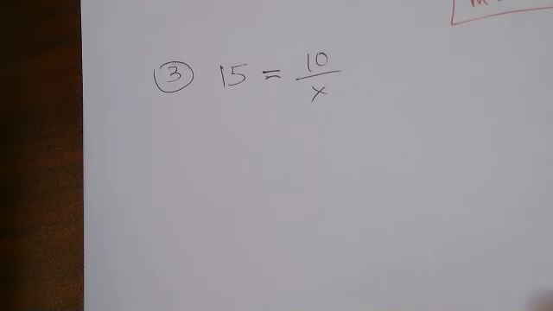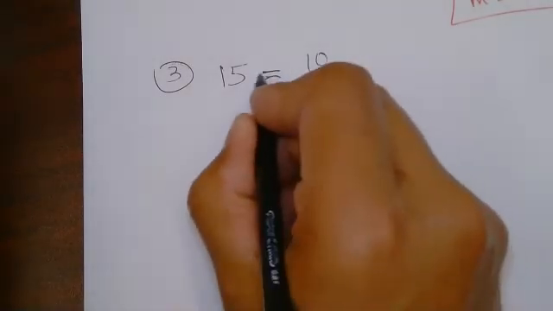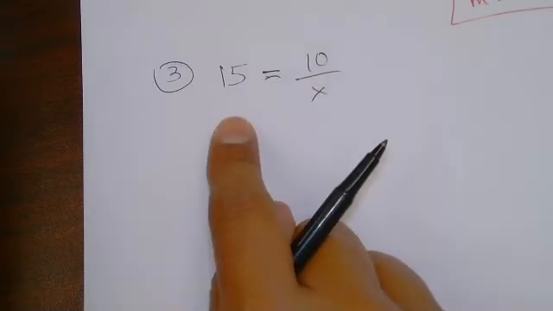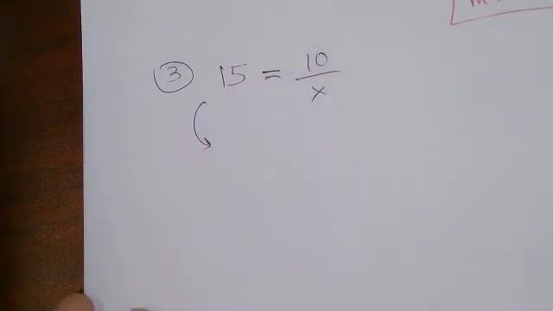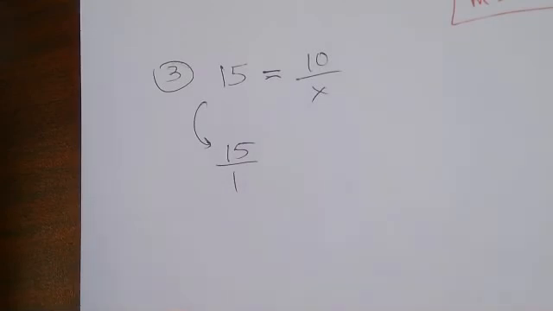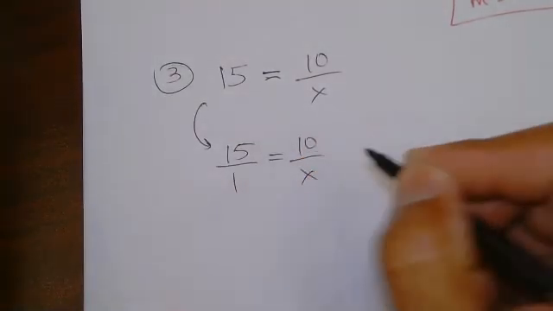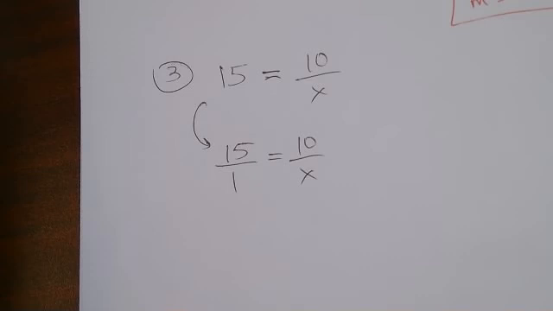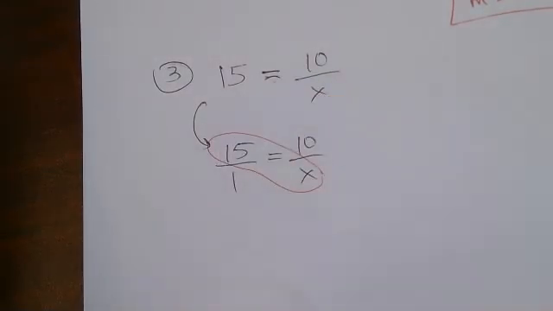Well, it doesn't look like it, but it is. I want to have a fraction where there's a numerator and a denominator equal to another fraction, but that's not a fraction. So what can we do to make it become a fraction? 15 over what? When it's a whole number, just put a 1 under it, right? It'll look like a fraction. Is equal to 10 over x. See, now you can see what you have to do here.